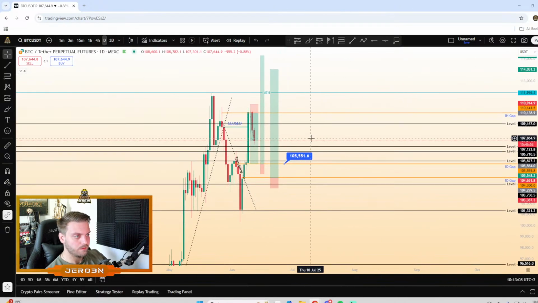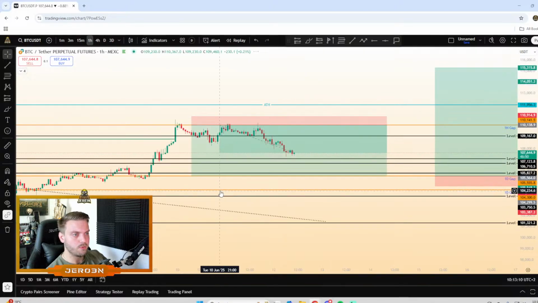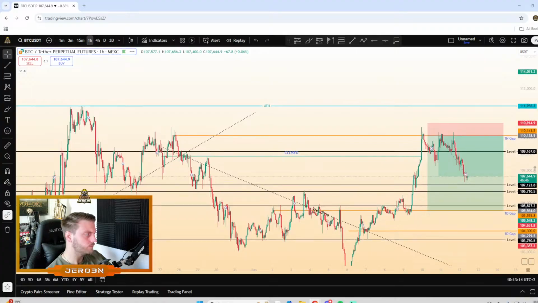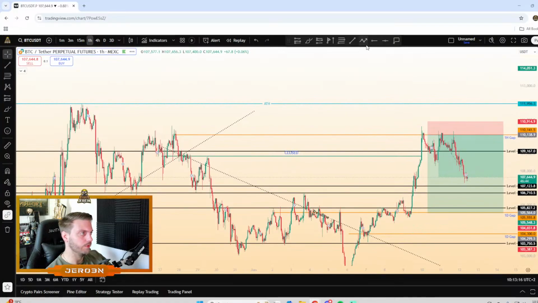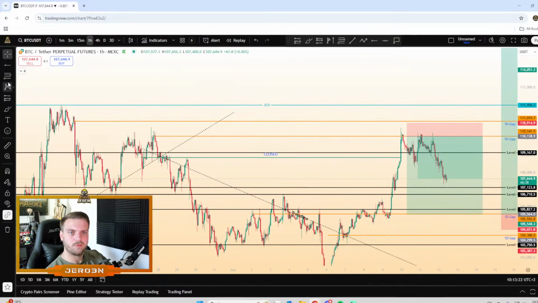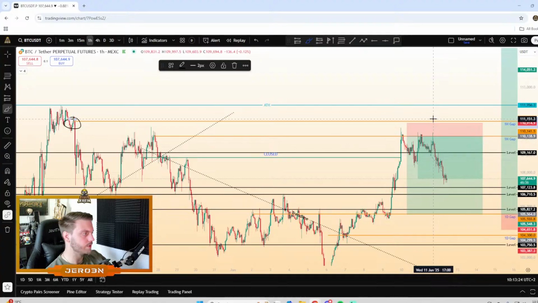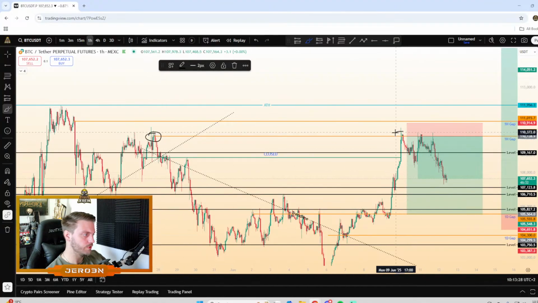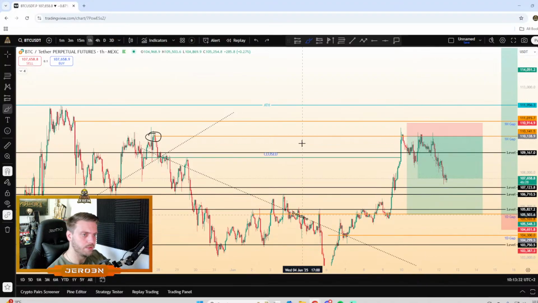Okay. And if we dive into the hourly, I will just dive into the gaps that I just spoke about. We had 2 hourlies in here. So we had this one, which didn't get filled. And we had this one, which did perfectly, like even 3 times before it went down.